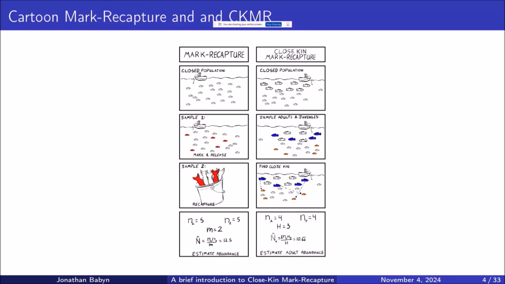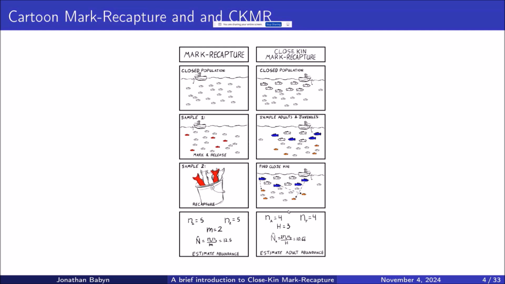Then, using the principles of genetics, we would try and find which individuals in our samples are close kin. What do I mean by close kin? I mean parent-offspring, so mother-son, mother-daughter, father-daughter, that sort of thing, as well as siblings or half-siblings, or potentially grandparents and grandchildren. These close kin are like the marks from traditional Mark-Recapture. We have 3 close kin in this example.